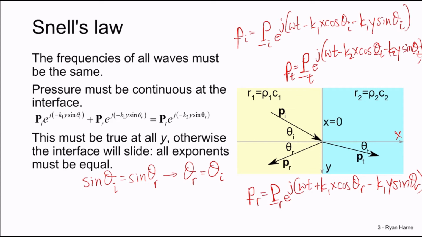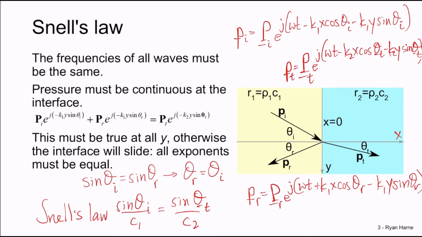The second equality, when we equate the complex exponential on the left side to the right side, is something called Snell's law. And this is what we find to be sine theta I divided by c1 must be equal to sine of complex theta t divided by c2.